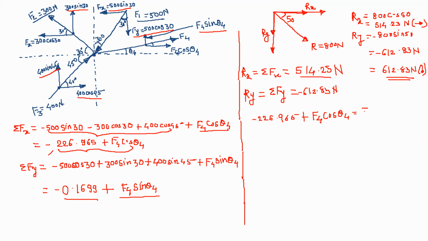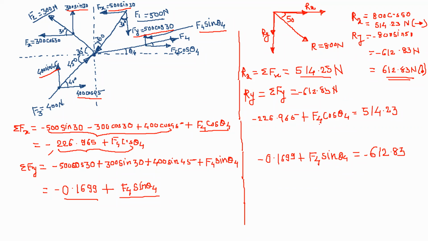It is equal to 514.23. So this will be your equation 1. And second equation is minus 0.1699 plus F4 sin theta 4. It is equal to, this is your summation Fy. So it is minus 612.83.